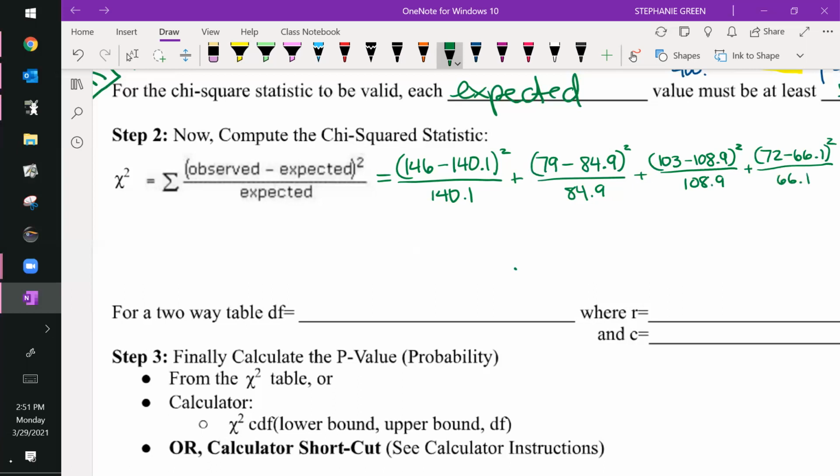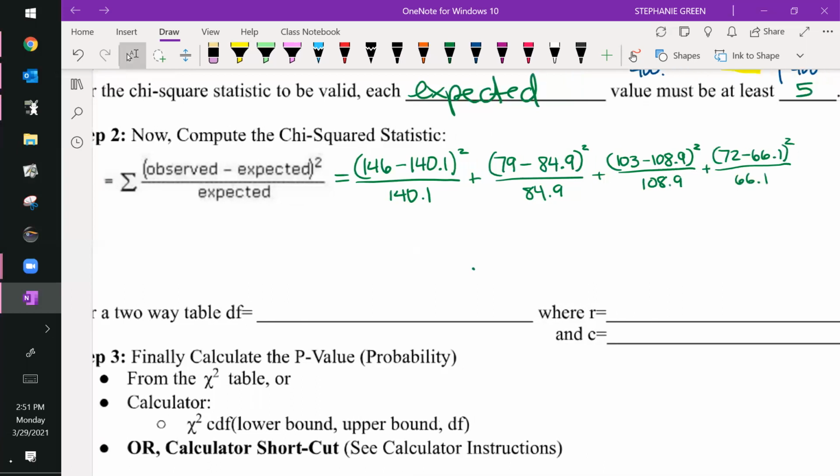And so that's what our chi-square statistic is going to look like, all expanded out. Then we just follow our order of operations: parentheses, then exponents, which means squaring, then you would divide, and then you would add. By doing that, I got 1.53 as my chi-square statistic. Okay, so that's how we compute a chi-square statistic.